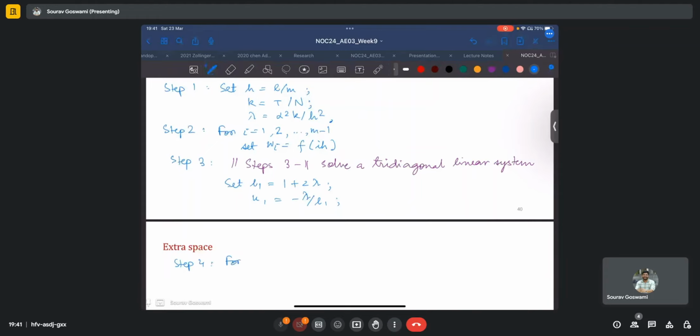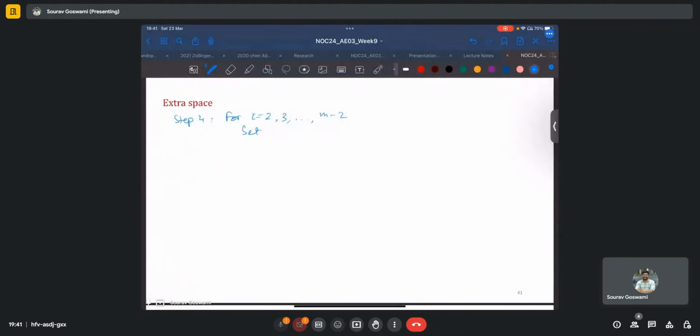Then for i equals 2, 3 to m minus 2, we set Li equals 1 plus 2 lambda plus lambda times u(i minus 1) and ui equals minus lambda by Li. In the fifth step, we set L(m minus 1) equal to 1 plus 2 lambda plus lambda times u(m minus 2).